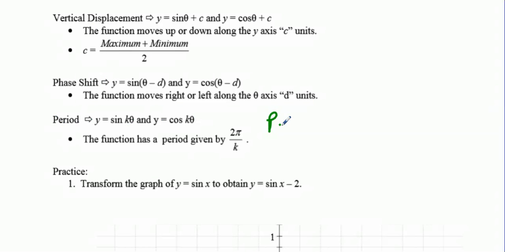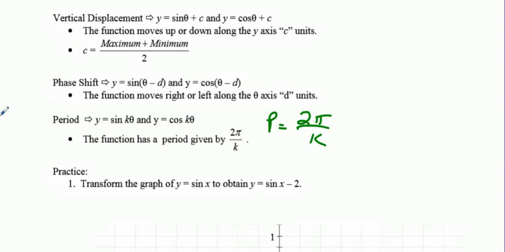So the period is 2 pi divided by k, and k you do pull off of your equation. It's the variable in front of your theta, but remember it has to be factored out, so you're just going to use that formula and calculate the period.